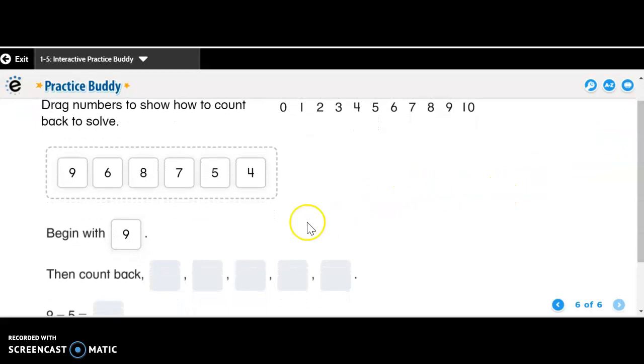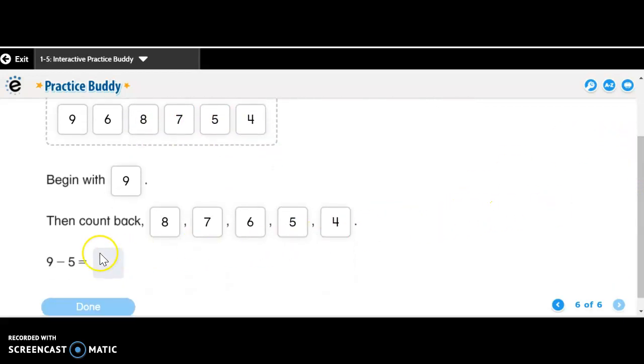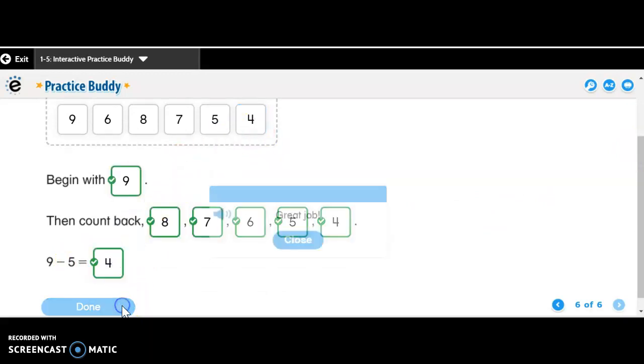So then I need to count back from 9. 8, 7, 6, 5, and 4. So I've counted all the way back. So what does 9 take away 5 equal? That equals 4. We did it, you guys.